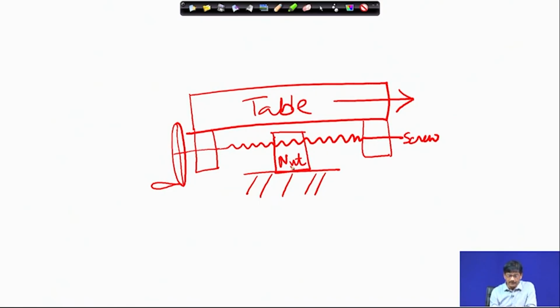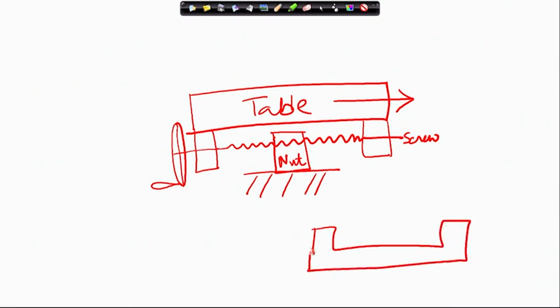Otherwise, in other configurations, there would have been a distance created between the handle and the table. That is, if we fix it this way, say. This is the screw.